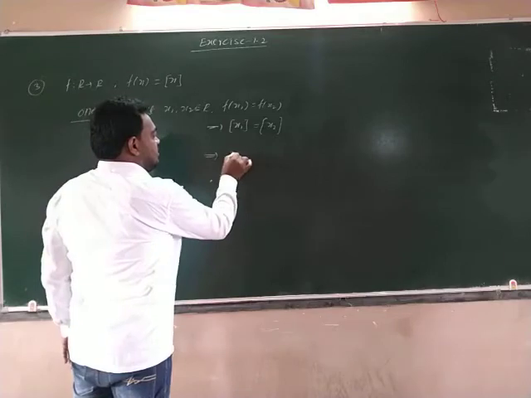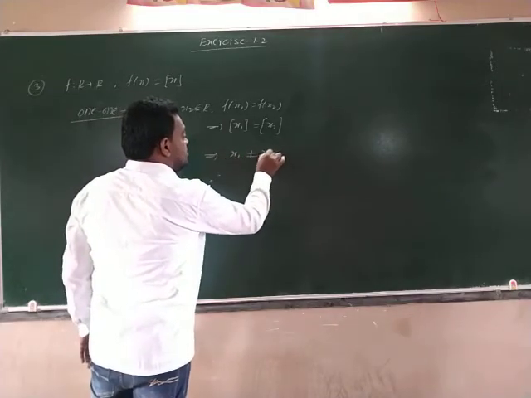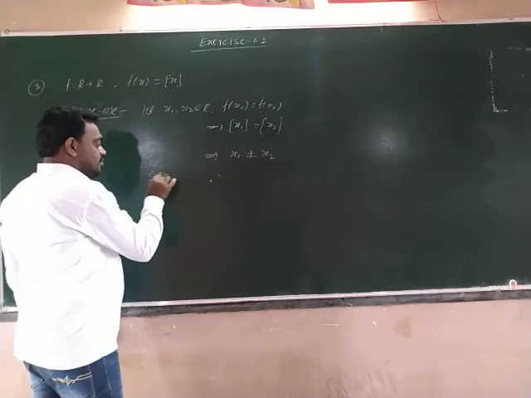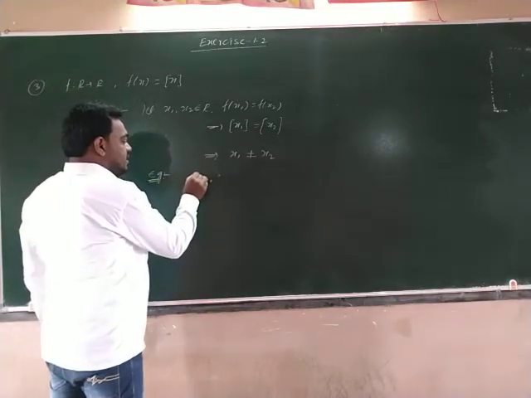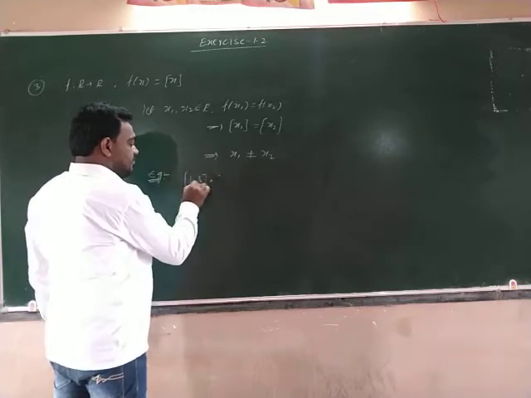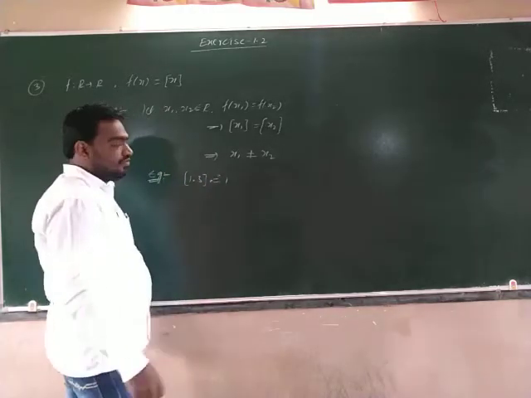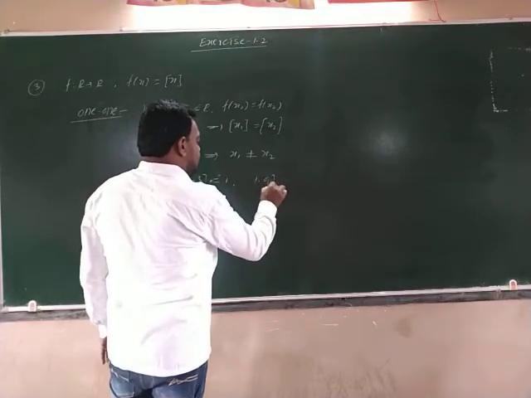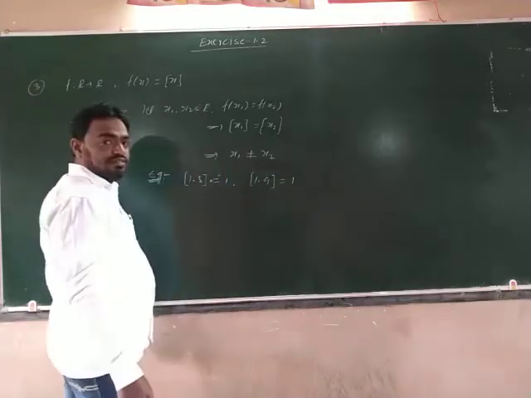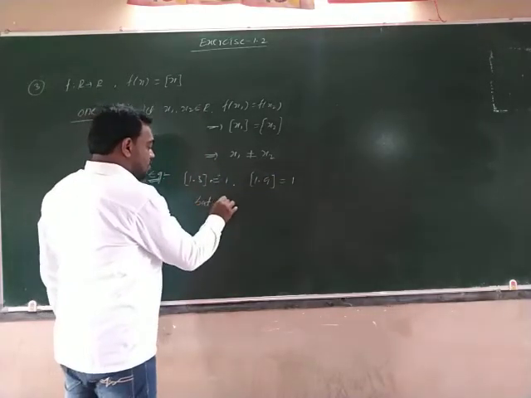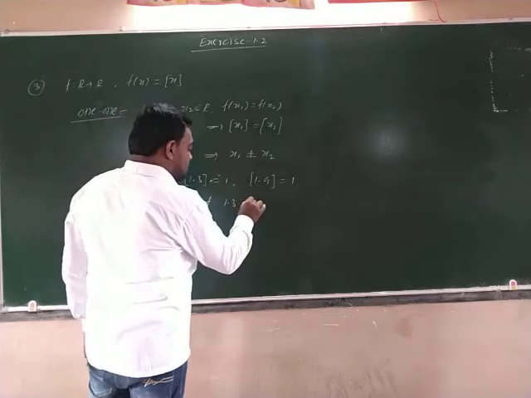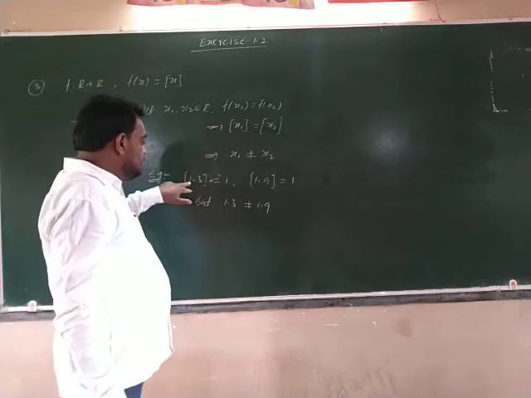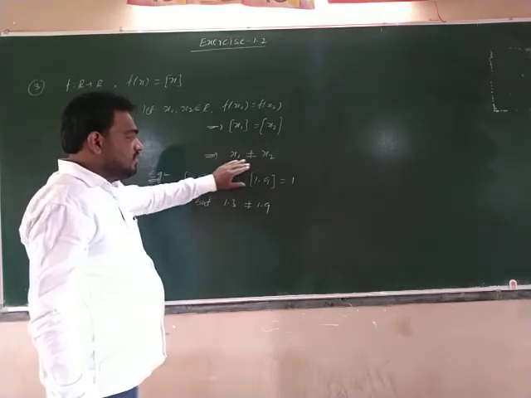That implies x1 is not necessarily equal to x2. Why? For example, the greatest integer of 1.3 is equal to 1, and the greatest integer of 1.9 is also equal to 1. But 1.3 is not equal to 1.9.